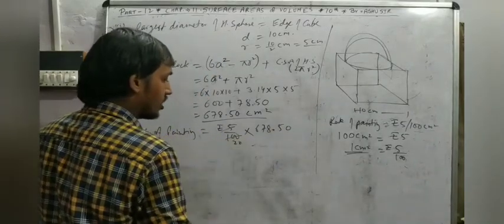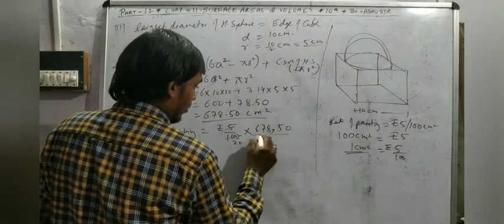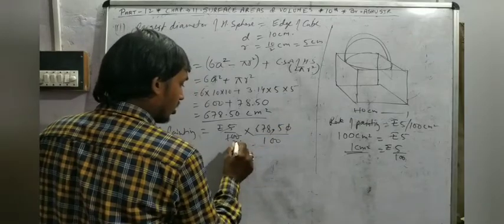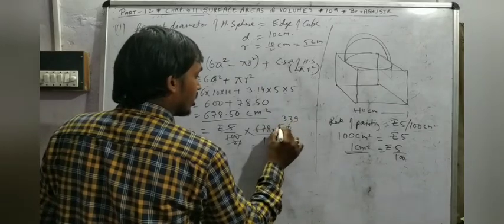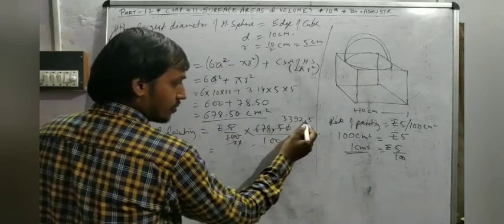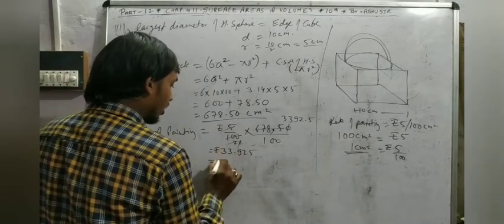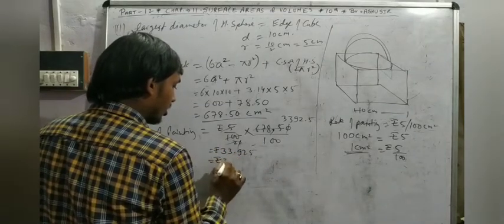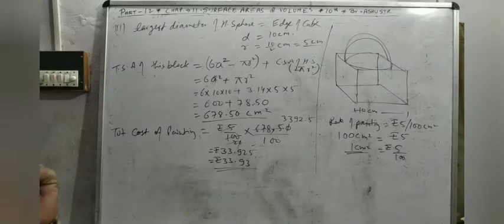Five 20 is 100, zeros cancel, then multiply: 678.50 into 5 by 100, means 2 place decimal shift to the left side, 33.925 rupees, you can say 33.93 rupees, because for rupees decimal is only 2 places. That is the cost of the painting of the cubical block. Pause, read, note down.